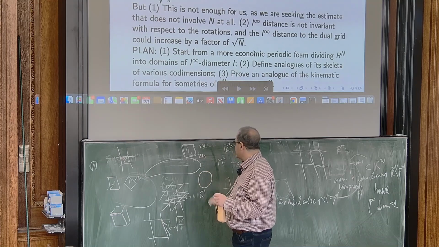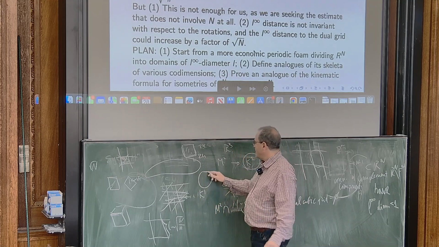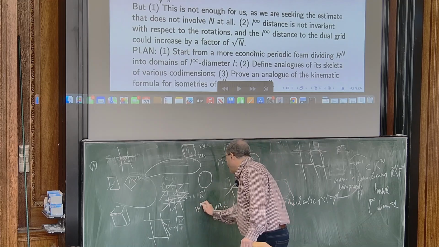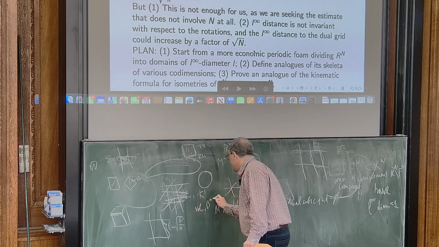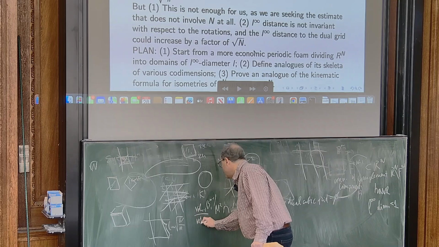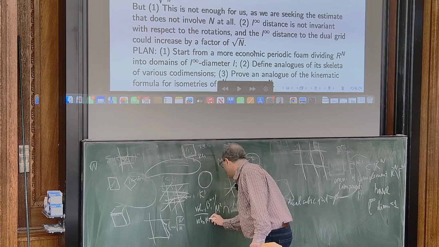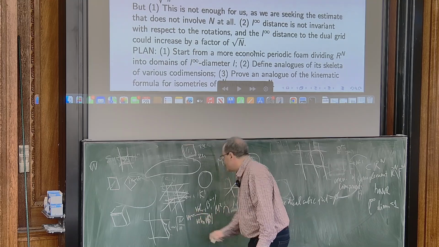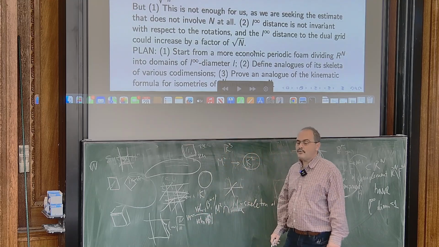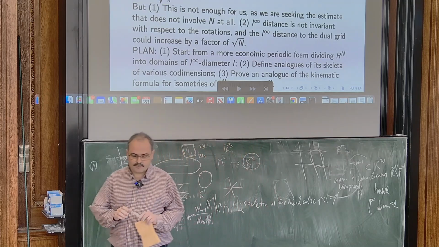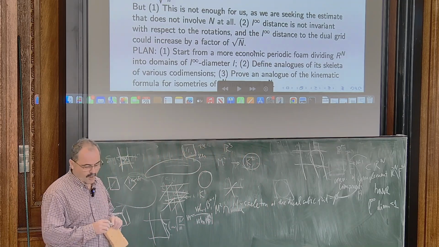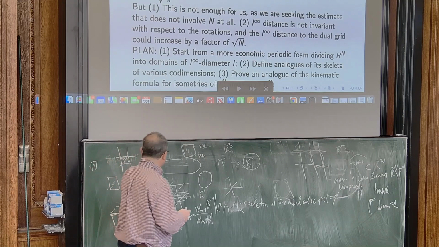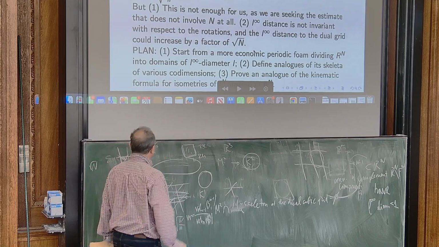If we take, for example, a sphere, the ratio of the n minus 1 dimensional volume of the sphere of radius 1 to the n-dimensional volume of the ball of radius 1 will also be of the order of magnitude of n. However, our first discovery is that there is a more economical periodic form where this ratio is approximately square root of n.